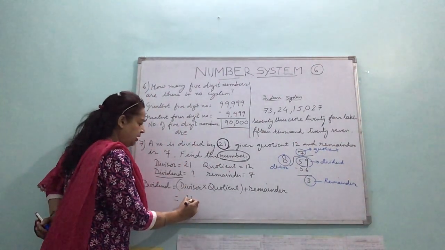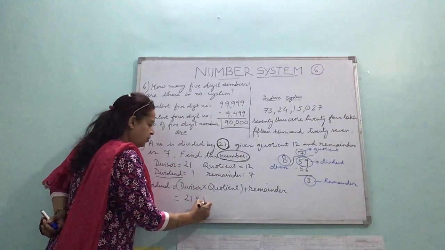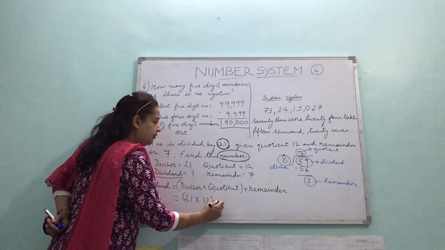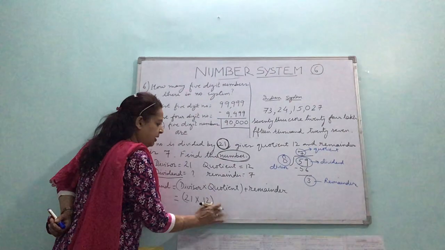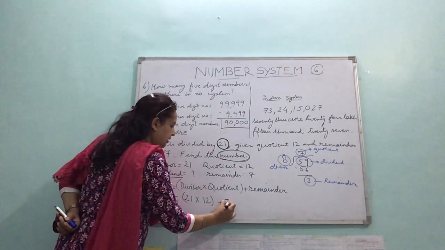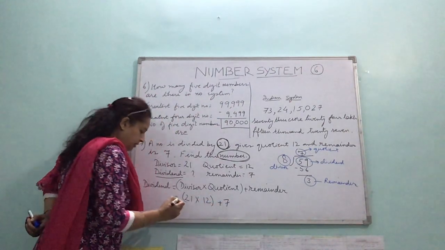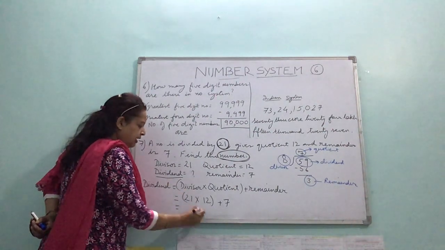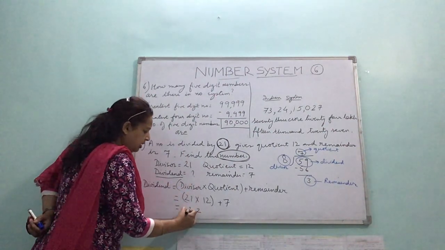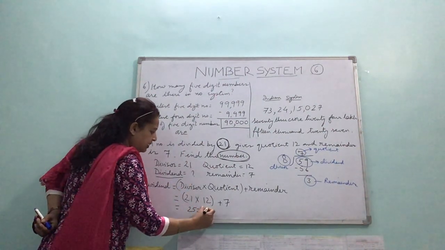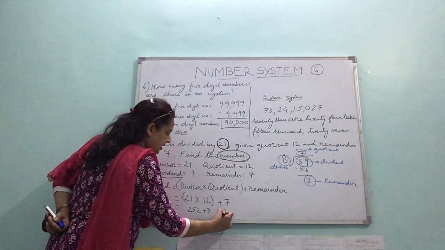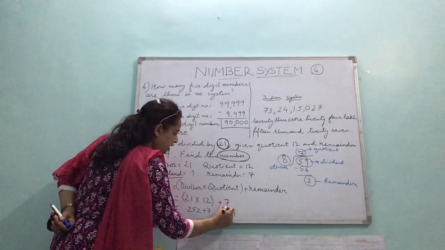Divisor 21, quotient 12 and plus 7. 12, 1 carried over, 24 plus 1, 252 plus 7. So the answer is 259.